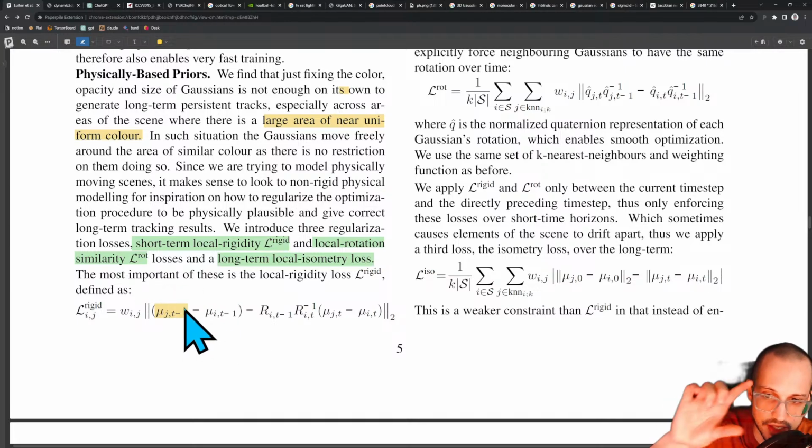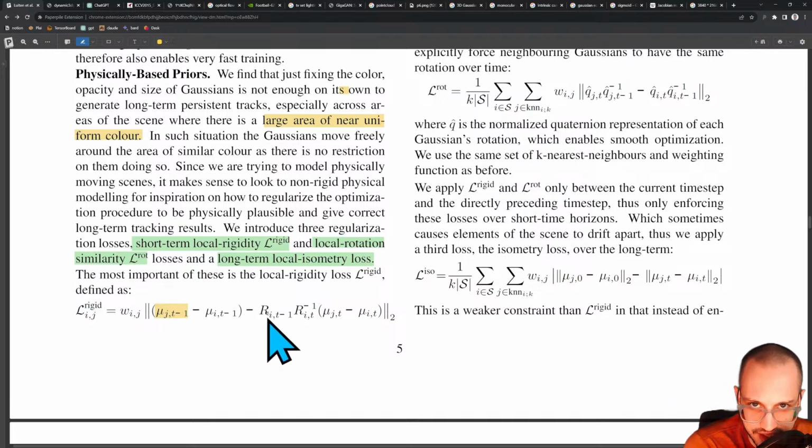So it's basically the distance between these 2 Gaussians minus the rotation matrix of i, so the rotation matrix for Gaussian i times the vector from... So what's happening here is you're saying the distance between these 2 Gaussians, j and i, of which mu j is the center of the jth one at time t, and mu i is the center of the ith one at time t.